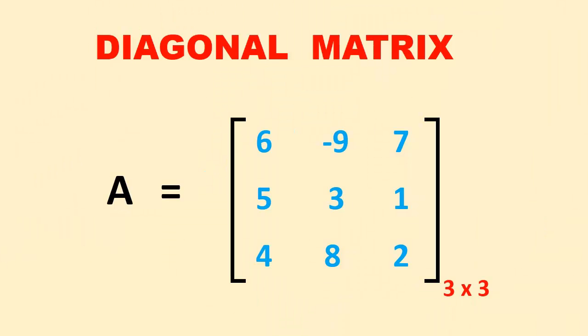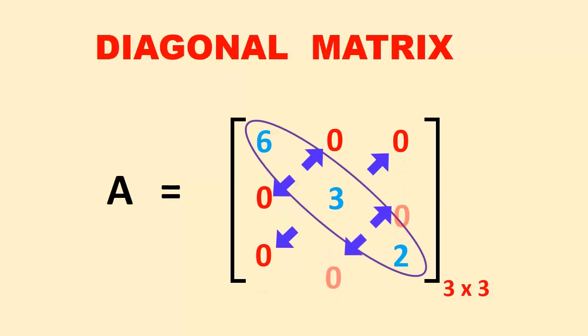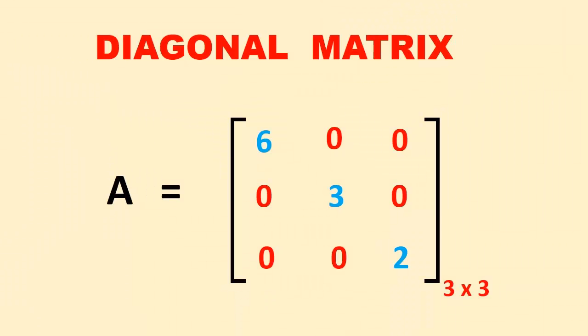Now, this matrix can be converted into a diagonal matrix of order 3 by changing the elements -9, 5, 7, 4, 1 and 8 to zeros. Hence, we get a 3 by 3 diagonal matrix, A equals 6, 0, 0, 0, 3, 0, 0, 0, 2.